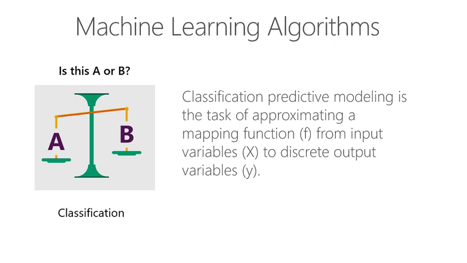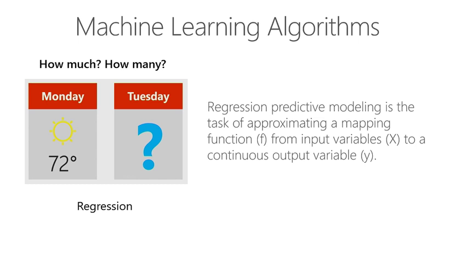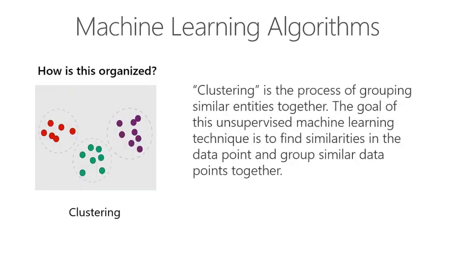So as we said, classification, you can map a function from the input to discrete variables, three groups. In regression, you need predictive modeling that approximates a mapping to a continuous output variable. And clustering is the process of grouping similar things, similar properties.